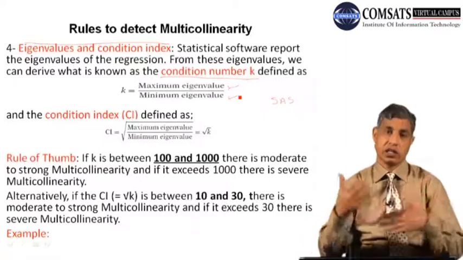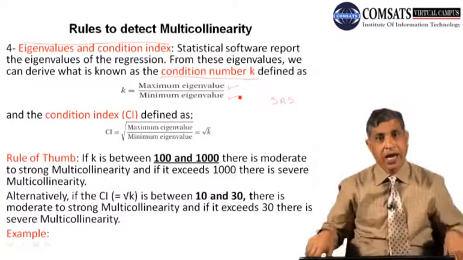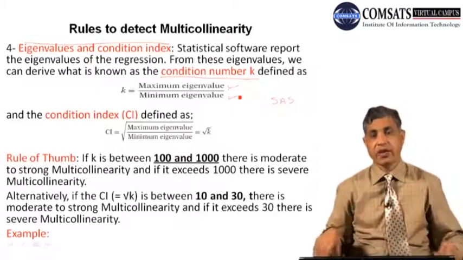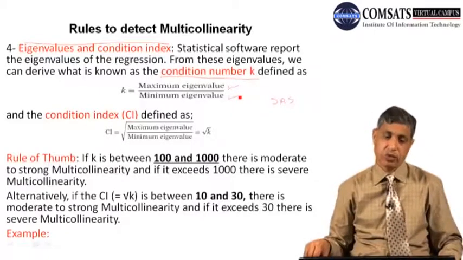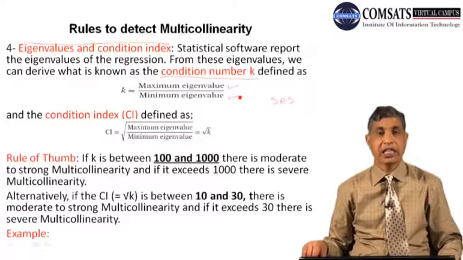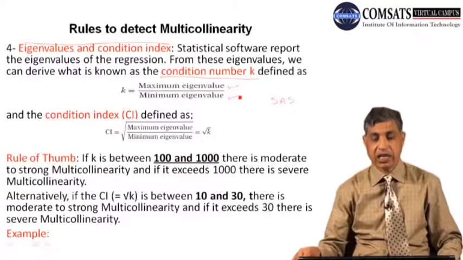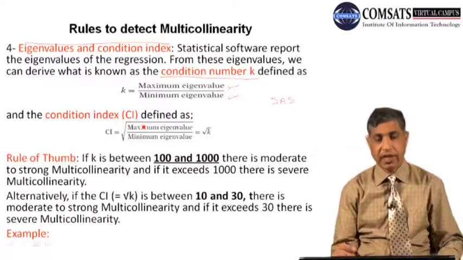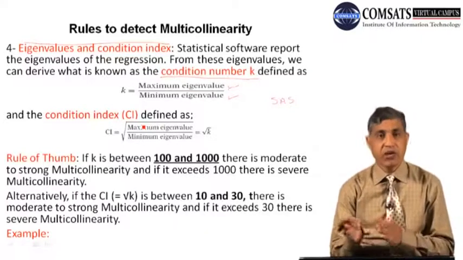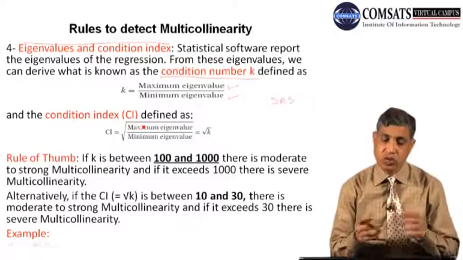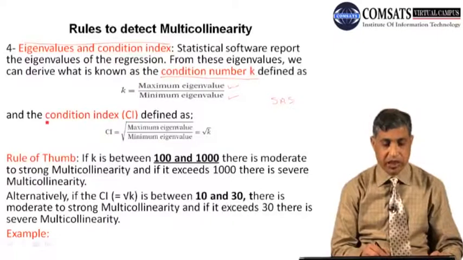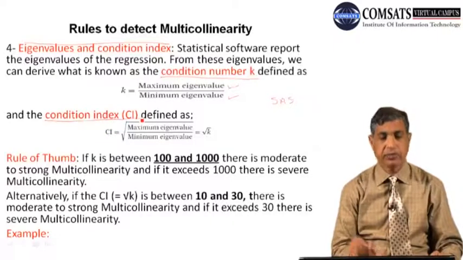The software will report the maximum and the minimum eigenvalue, so when you have these two values, you can calculate the k number. I will give some examples, and if you take the square root of this k condition number, it becomes the conditional index.